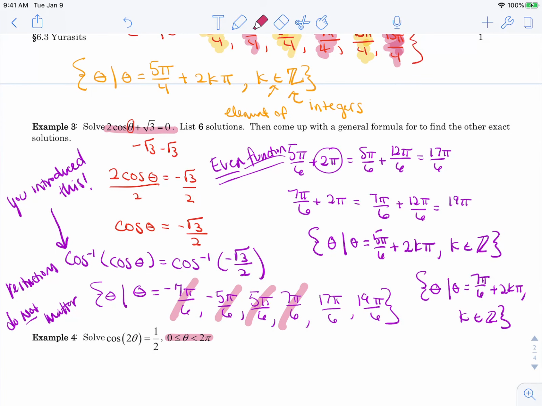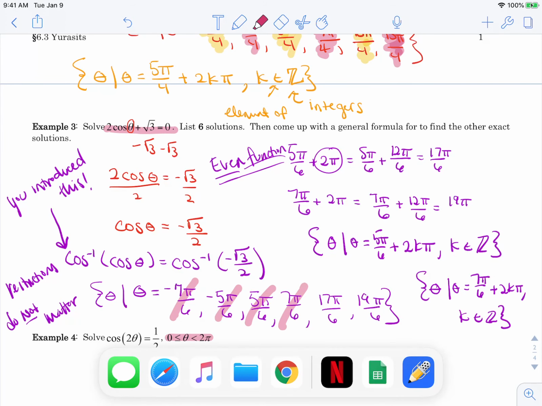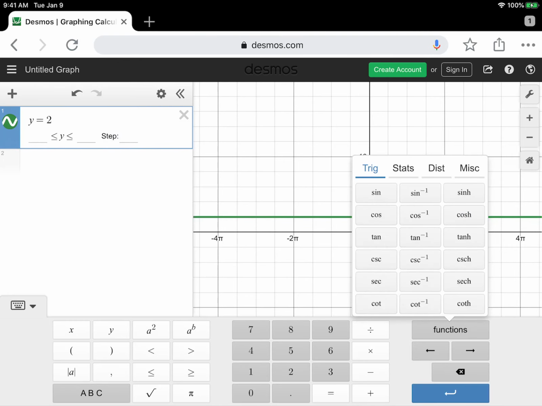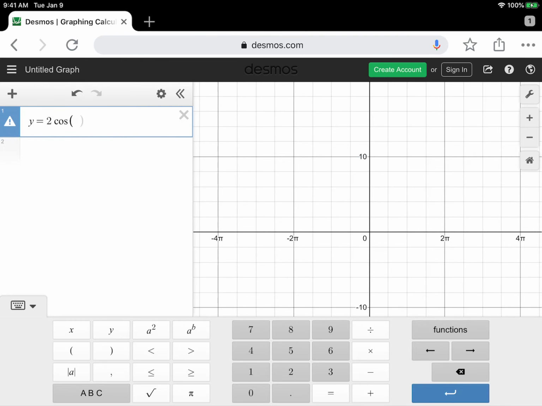2 cosine theta plus root 3. So y equals 2 cosine theta, for us it's x, plus root 3. So there's my graph. Let's talk about those transformations so they stay fresh. My amplitude is 2, my midline's root 3, and my period hasn't been affected.